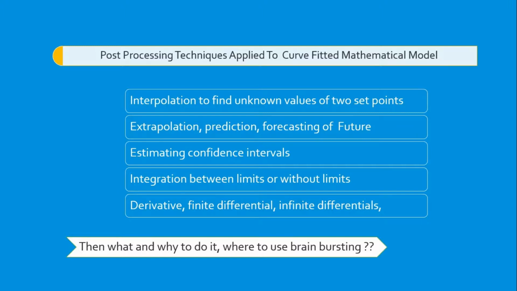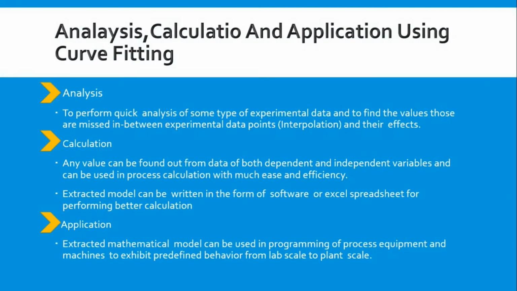Here is one of the important questions: why do we do it? Where can we apply these theoretical concepts for a useful purpose? One answer is applications in chemical plants and equipment, and others are theoretical applications for various types of process design and calculation.